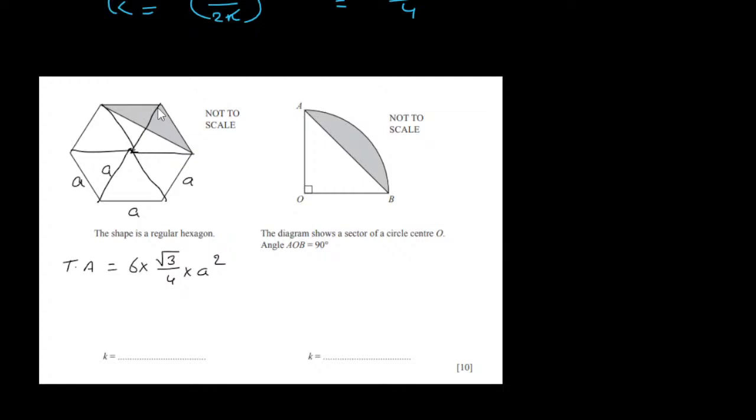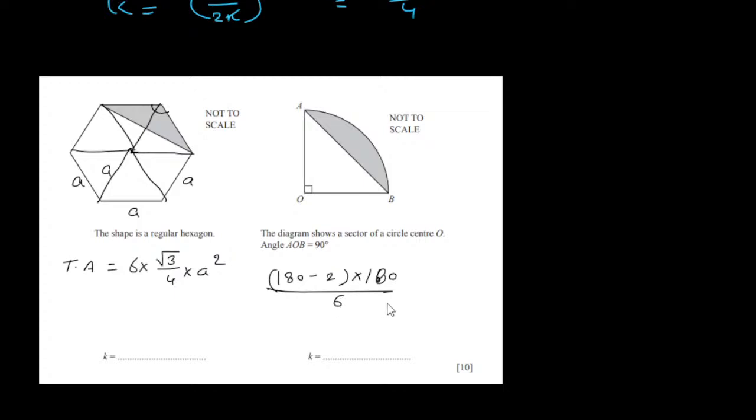Now for a hexagon, each angle, if I see, the formula is n minus 2 times 180 divided by n.